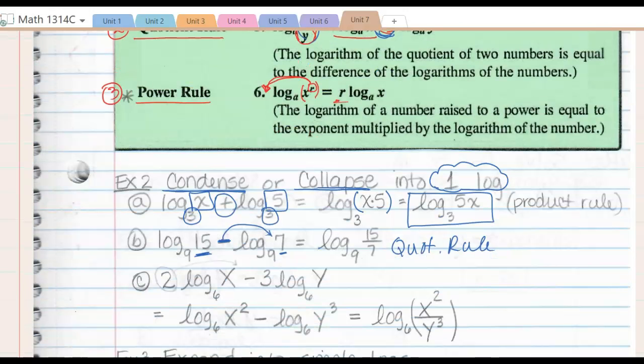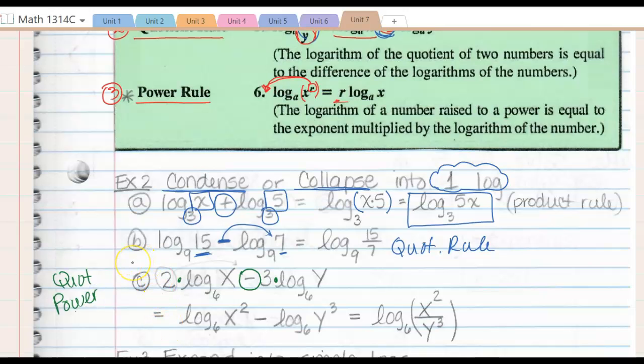And finally, let's take a look at example C. For this one, we see that we have 2 times the log base 6 of x minus 3 times the log base 6 of y. So we have this subtraction, which means we're going to use the quotient rule. We have this 2 being multiplied times this log, and this 3 being multiplied by this other log, so we're also going to use the power rule.